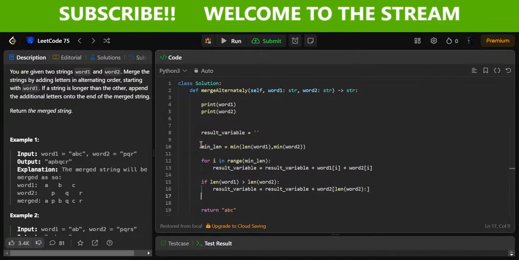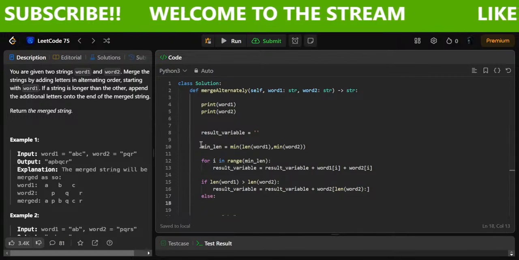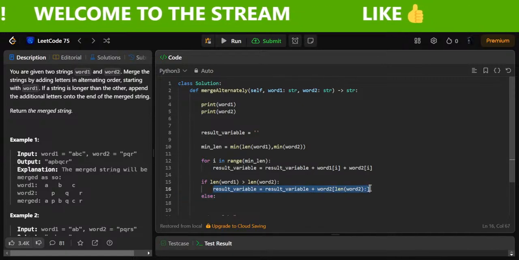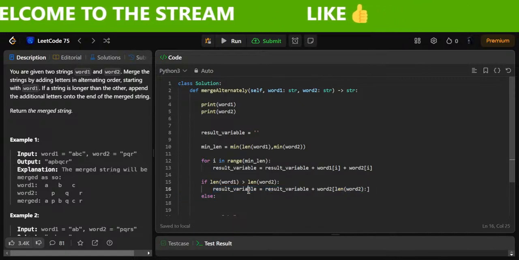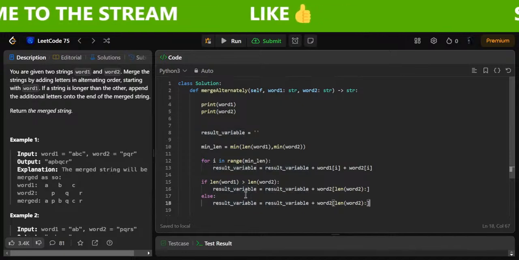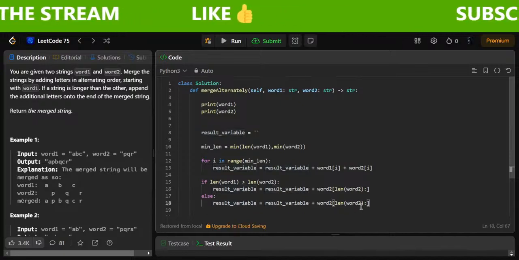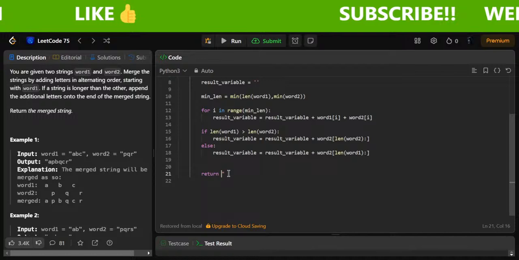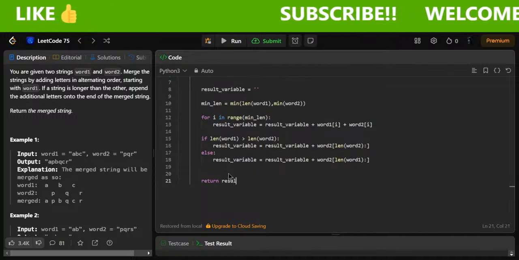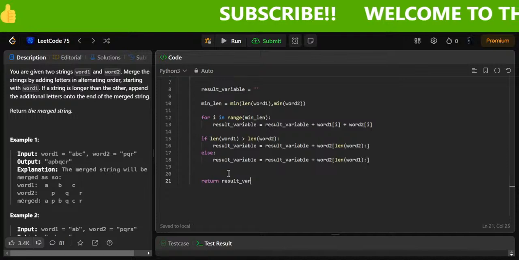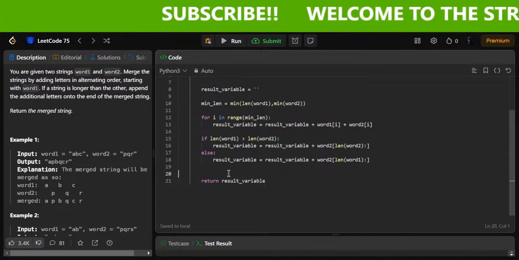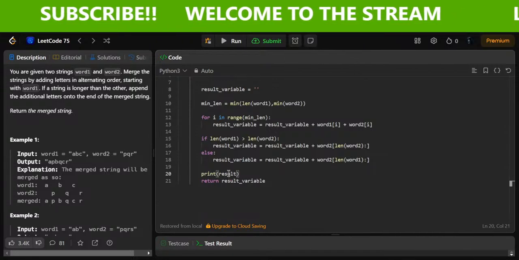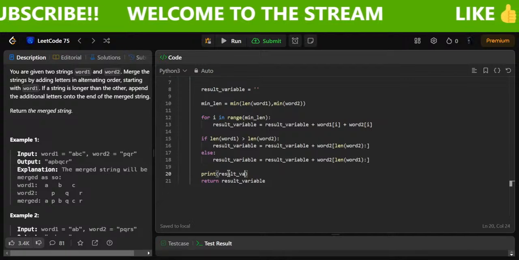Let me check it out. I don't know if this will run at first shot, so let's hope it works. I'll copy this line. Okay, instead of word 2, make it word 1, and result_variable, and also let's print it out because otherwise we will not come to know what is happening.